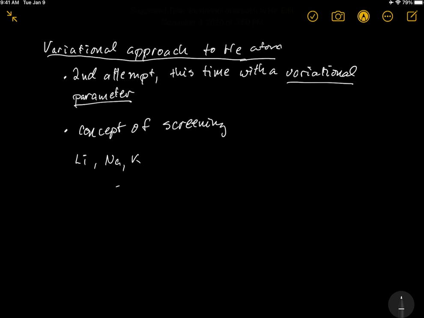We're going to call them core electrons. In the case of lithium, it has an electron in a 2s orbital, and it has a filled 1s orbital. The filled orbitals are closer to the nucleus, and they screen the nuclear charge.